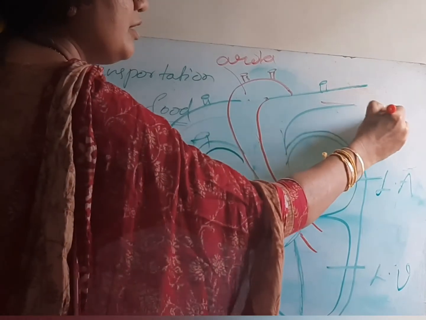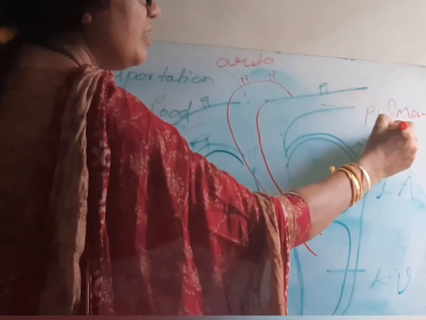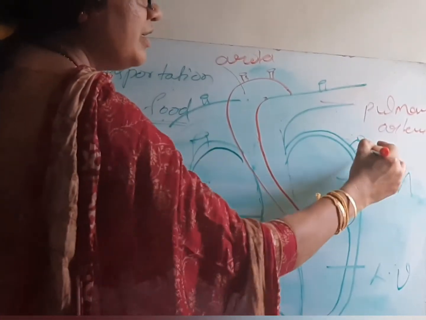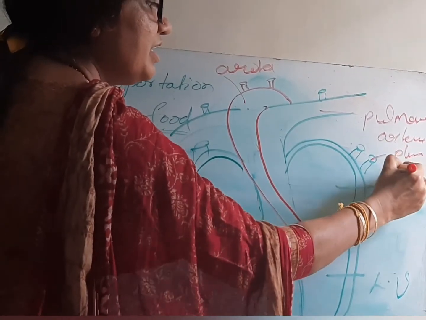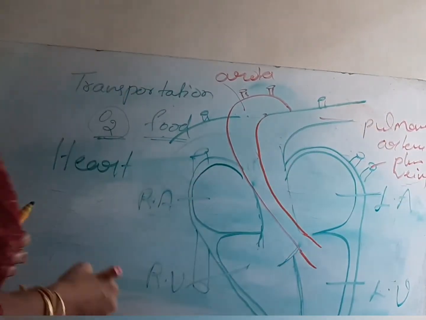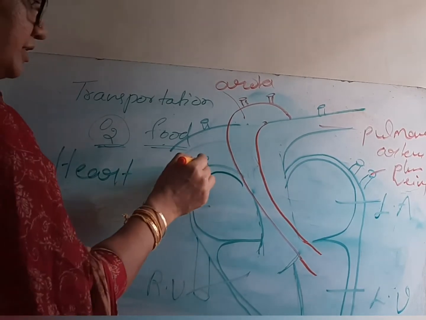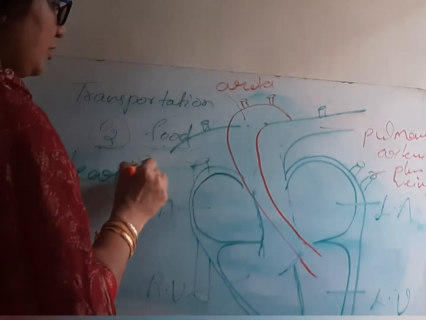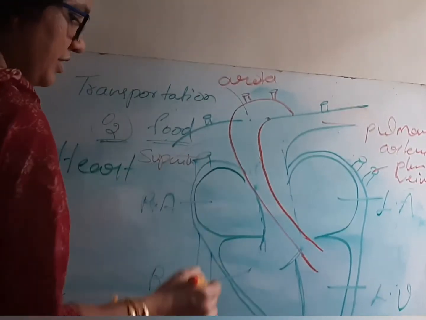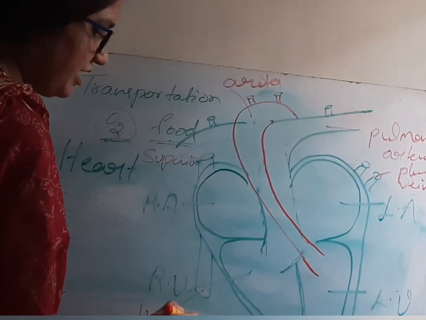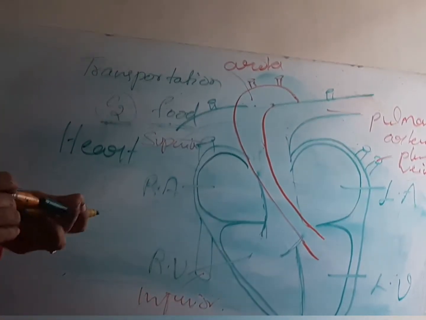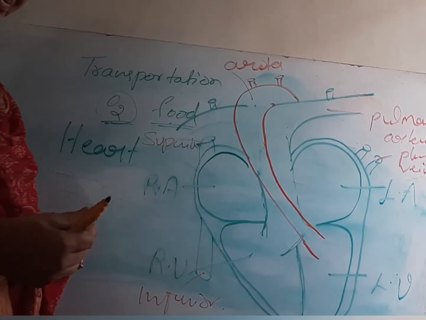This is pulmonary artery. This is pulmonary veins. This is superior vena cava, and this is inferior vena cava. These are the major parts of the heart.